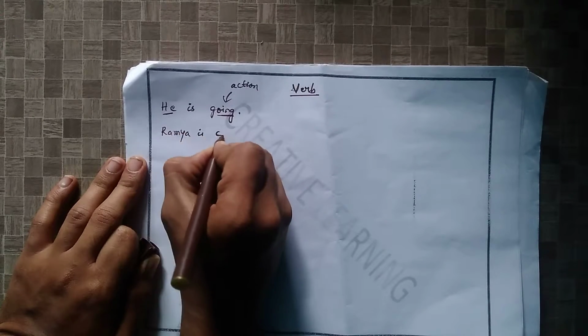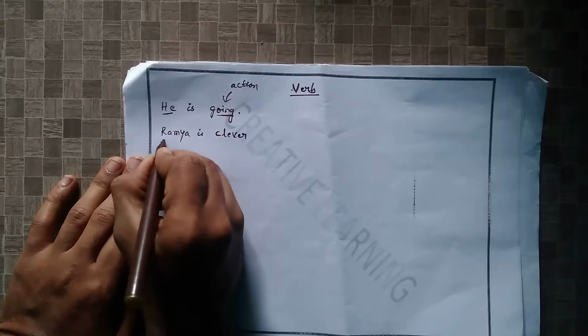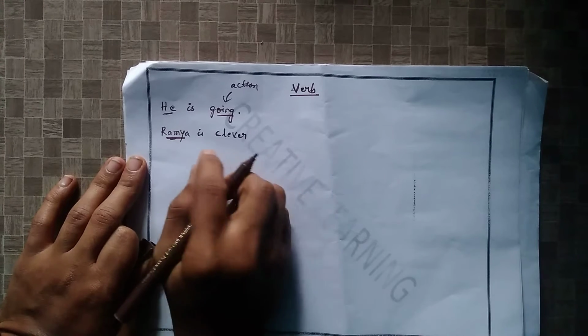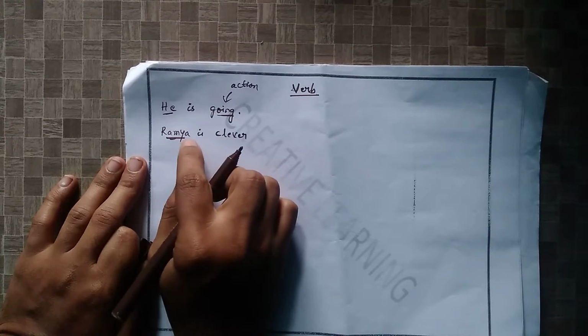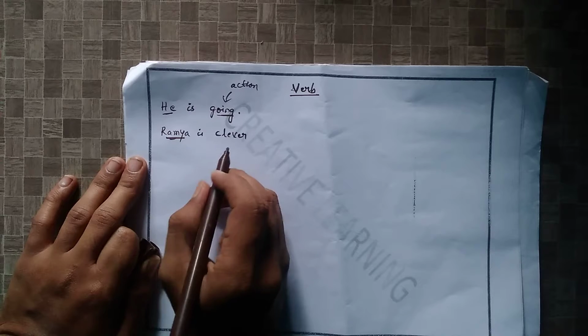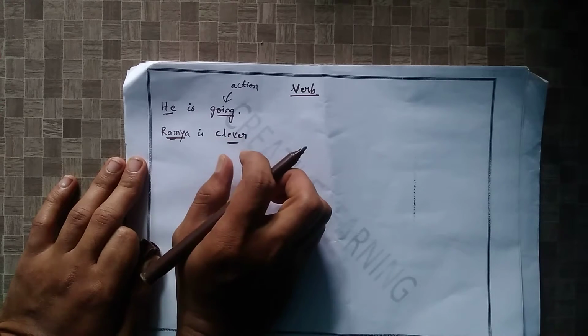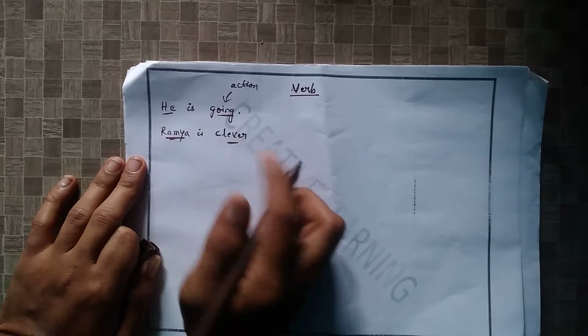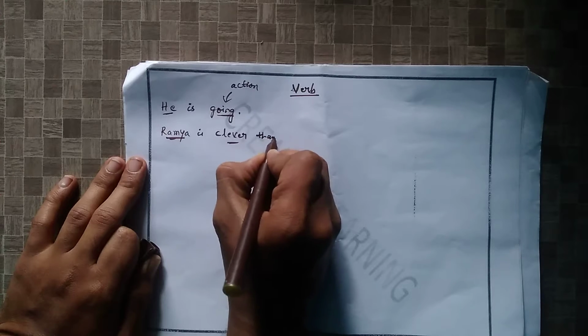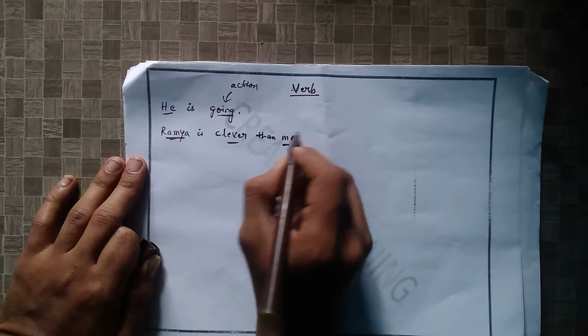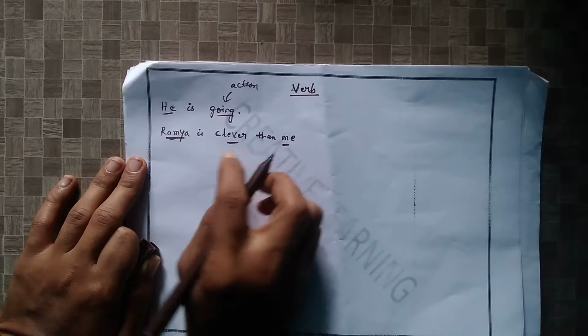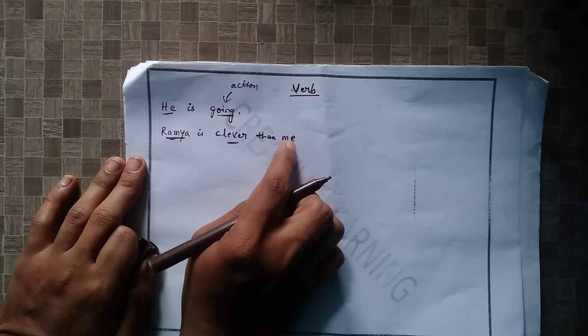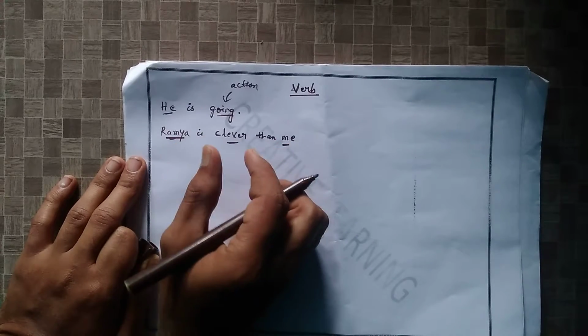Ramya is clever. Ramya is a noun. What is her action? Clever. Then me. Me is a pronoun. Comparing noun to pronoun, it shows some actions.